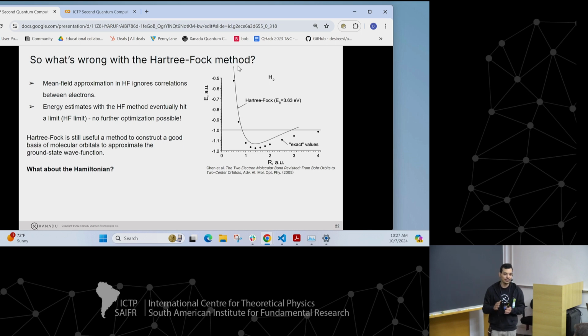As you ignore the correlations, the gap between the energy of the Hartree-Fock state and the true energy becomes bigger and bigger. So the discrepancy between your experimental values and your Hartree-Fock values will grow with the complexity of the molecule. But again, it depends on how much accuracy or how much error you can get away with. For some applications, you can get away with a large error. It's good enough for the application. For other ones, you need more accuracy.